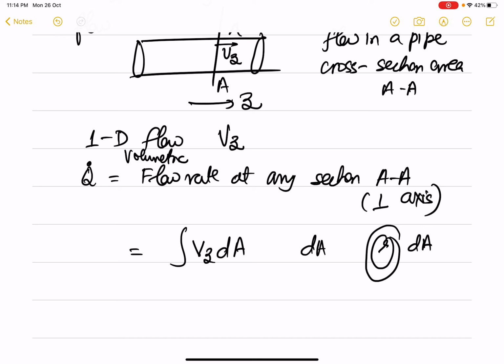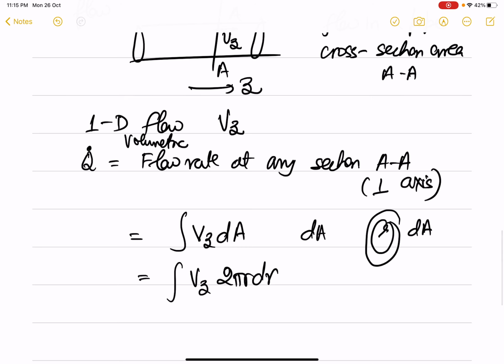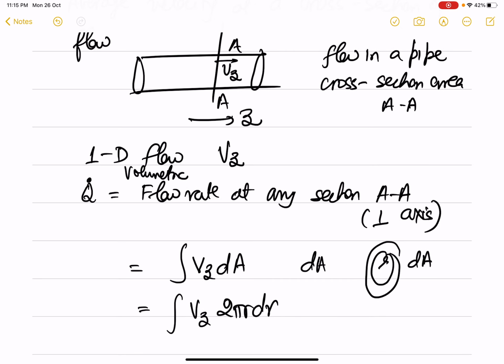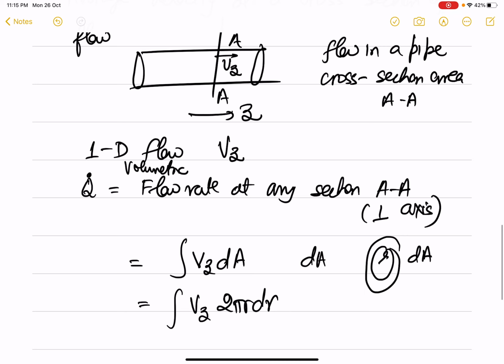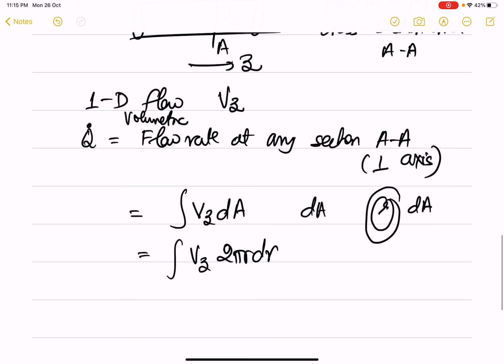Okay, so this we can write it as integral Vz into 2 pi r dr, assuming that the flow is one dimensional, so it is not changing with the z direction. It could change with the radius, so that is the only direction in which the flow is changing. We'll also use the term axisymmetric when flow does not change with theta in circular problems.